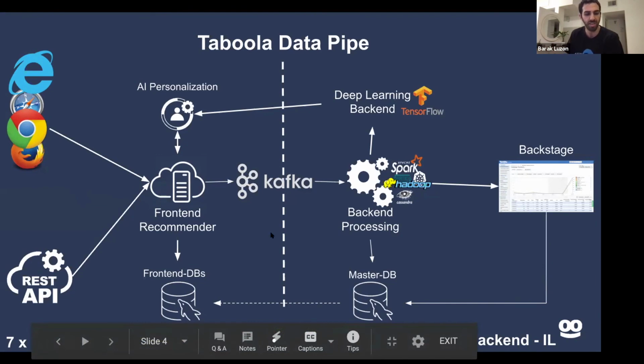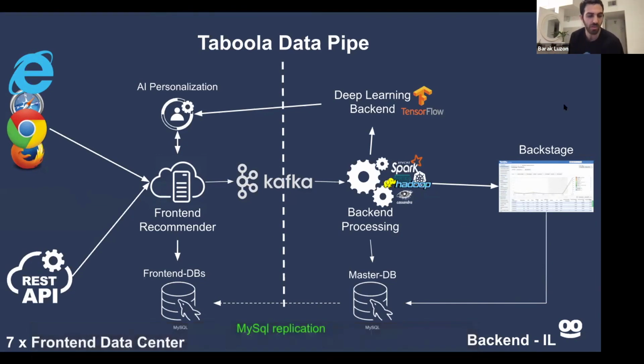We have 7 front-end data centers spread across 7 regions in the world, each with hundreds of front-end recommender services. That front-end recommender will try to personalize through a deep learning model that is deployed to that data center on a daily basis.